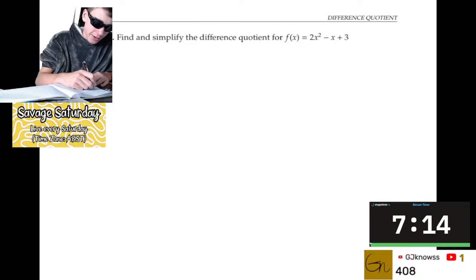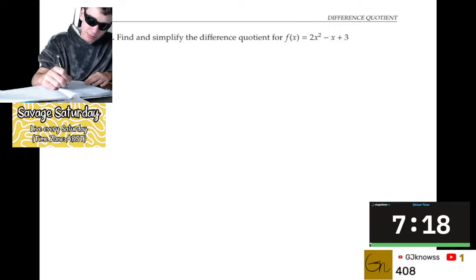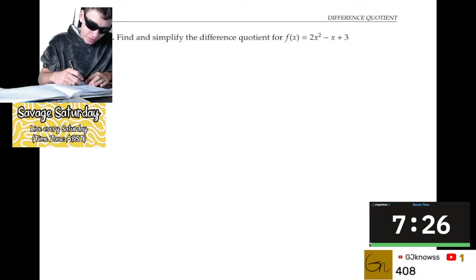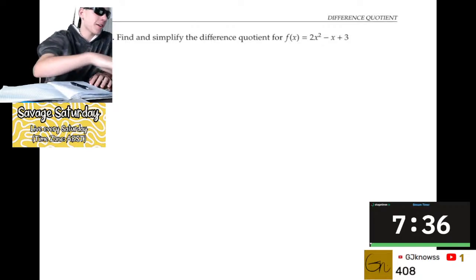We got square root x equals 2x squared minus x plus 3. That cancels out, so we have 2x plus 3. Half of that, 5x. Square root of 5. Answer is square root of 5.